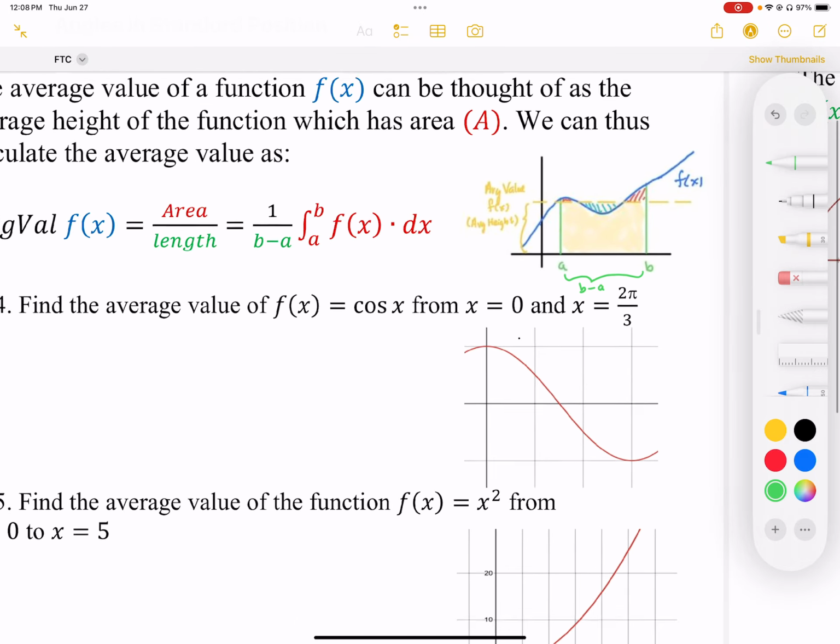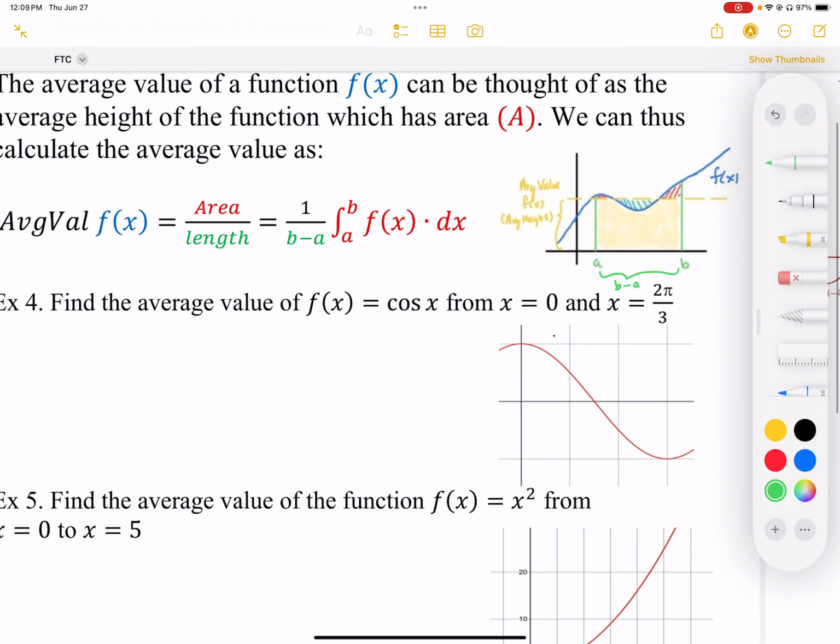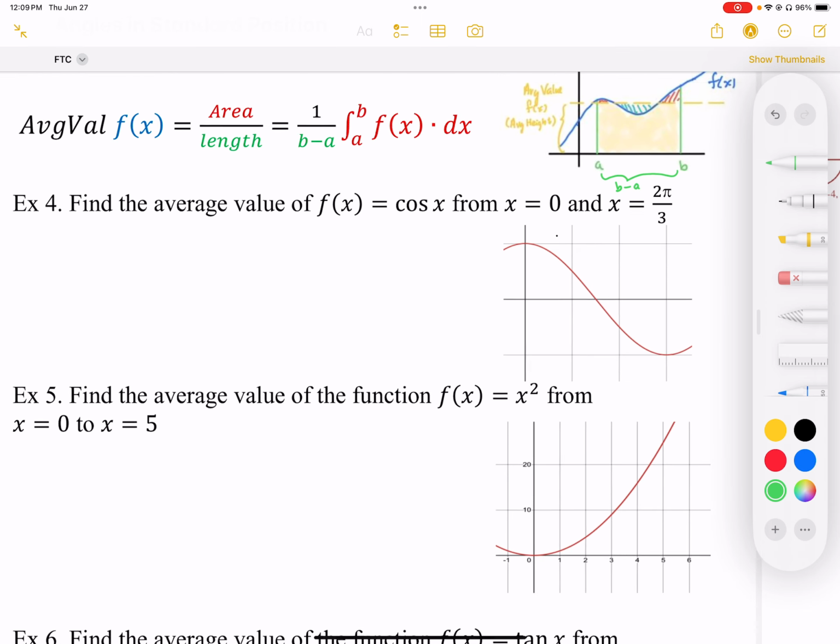So all we're doing in this formula is taking the area and dividing it by the length, and we're getting the average height of the function between those two points a and b.